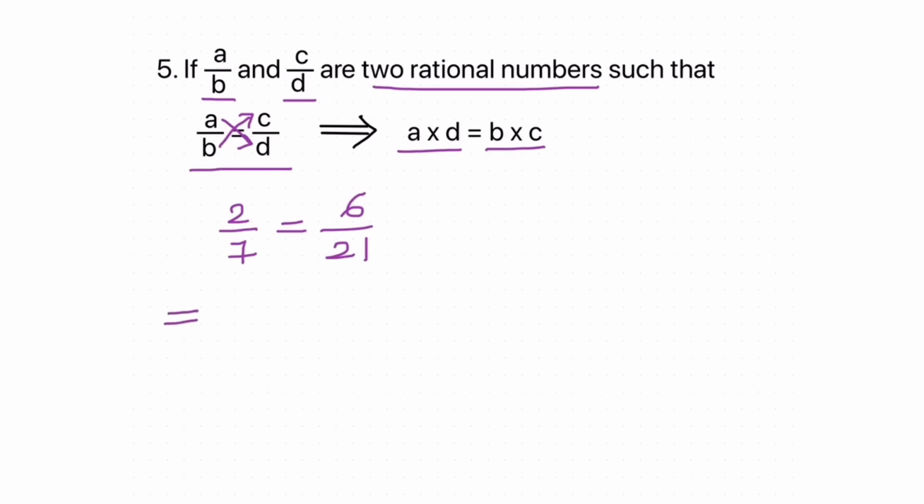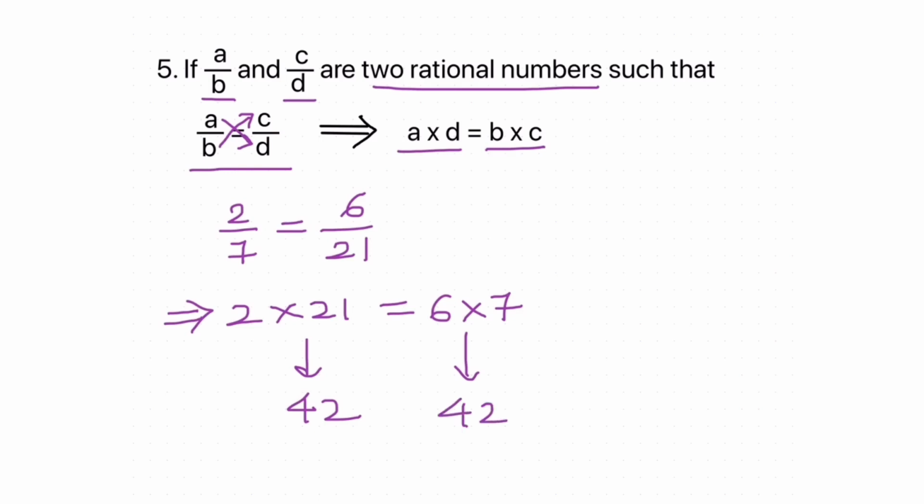This implies that 2 times 21 is equal to 6 times 7. 2 times 21 is 42 and 6 times 7 is 42. We can see that if two rational numbers are equal, their cross products are also equal.